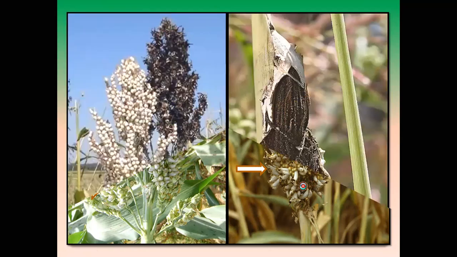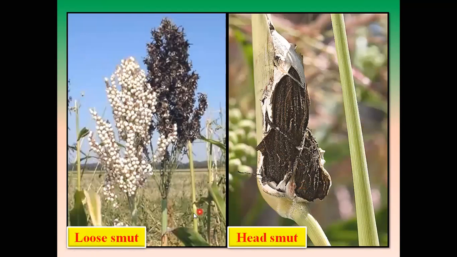Then we go to the remaining two diseases, loose smut and head smut. Regarding loose smut, this is the healthy earhead and this is the infected earhead.